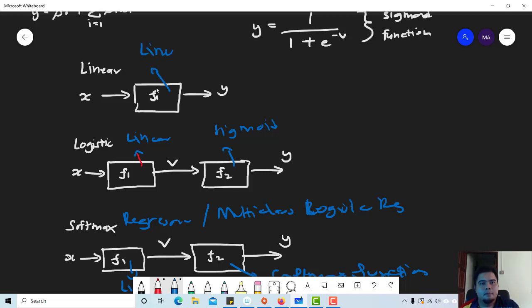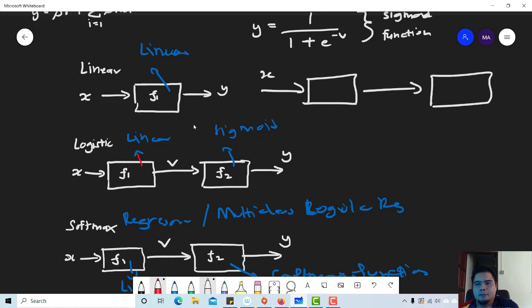So of course, you can also make an equivalent block diagram, like this one, to present your linear function. How you do that is something like this. Let's say this is your input, and this is your output, this is your intermediate output. So this is your f1, where this is the similar linear function.